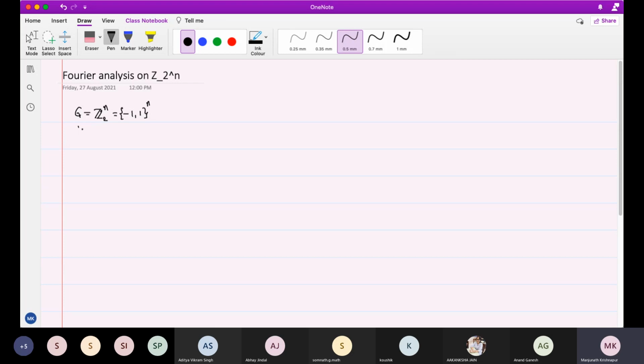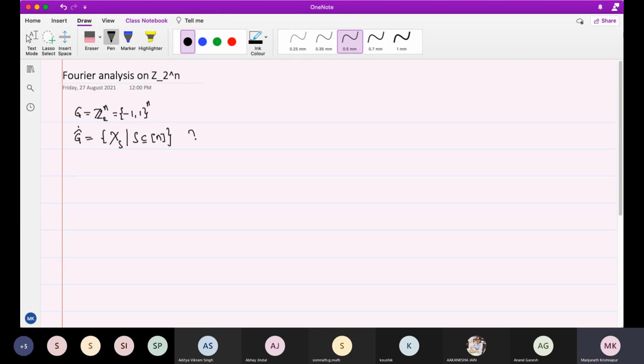And then what was G hat? So what were the homomorphisms here? They were of this form. I denoted them chi S, indexed by subsets S of 1 up to n. This is the set 1 up to n. These were indexed by that.